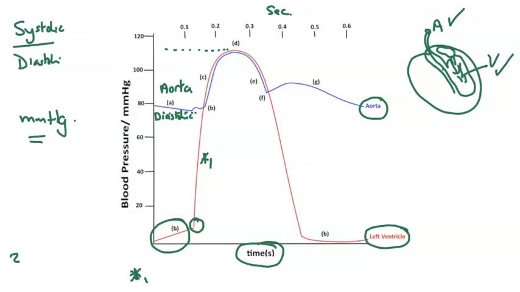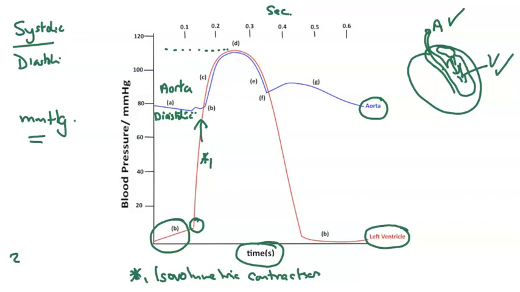The heart contracts and squeezes a volume of blood that can't escape, and this is called isovolumetric contraction. And I mentioned this previously in the cardiac cycle, but you can see the ventricle pressure rising rapidly up here.